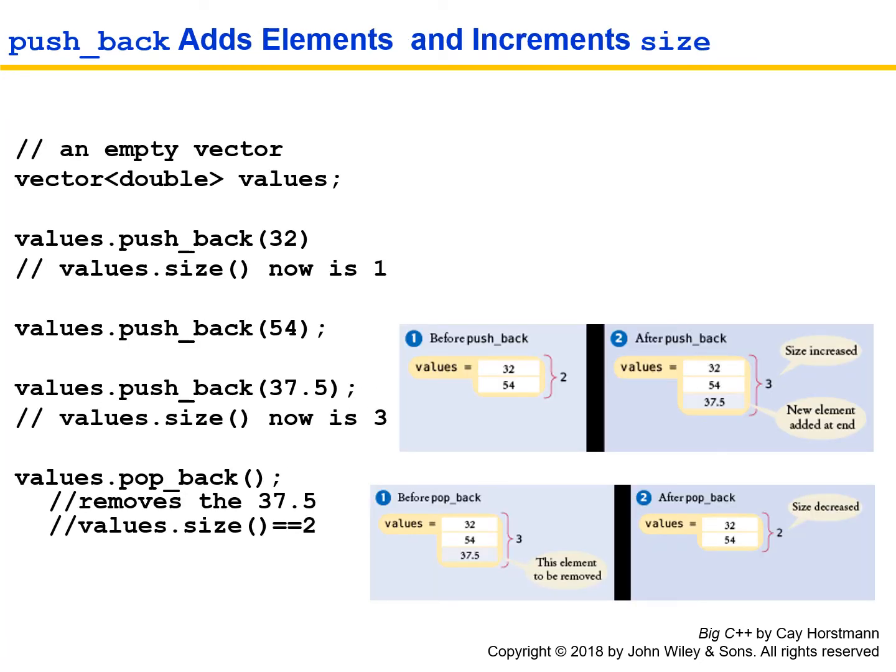Okay, so this just shows the effect of push_back. push_back 32 adds this value here, push_back 54 adds this here, push_back 37.5 adds another value, the size is now 3, pop_back pulls off the 37.5 and the size is now 2.